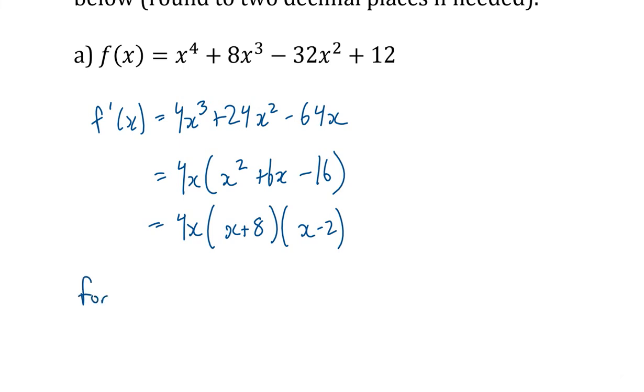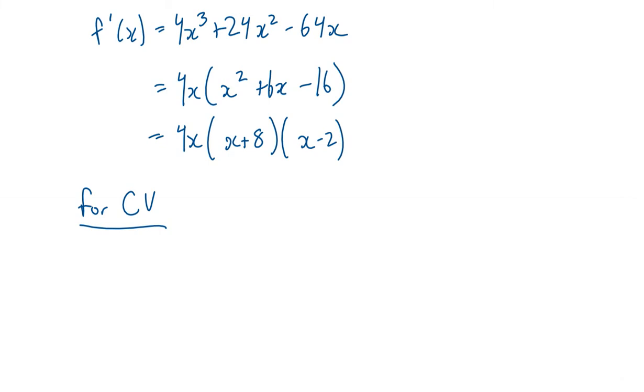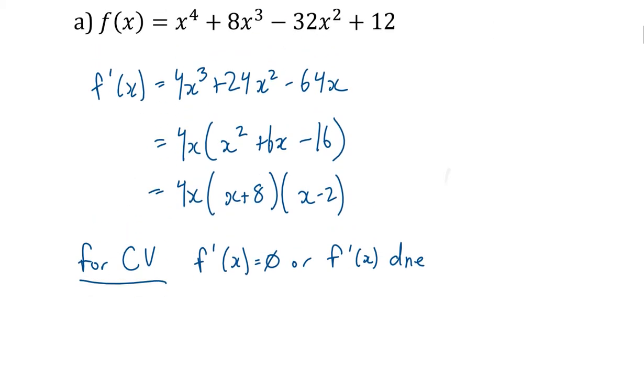So for critical values, we have them where f prime equals 0 or f prime does not exist. Now, again, when we talk about the type of function we're looking at, not only do we want to consider that the original function is a polynomial, but the derivative of the original function is also a polynomial.